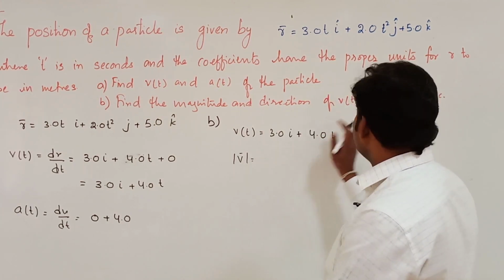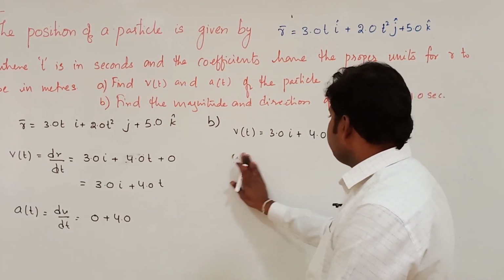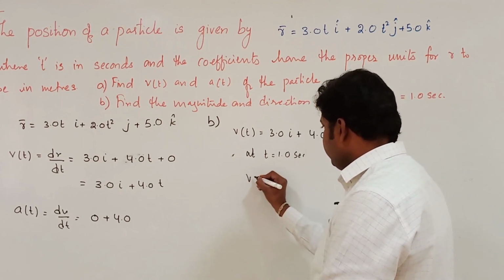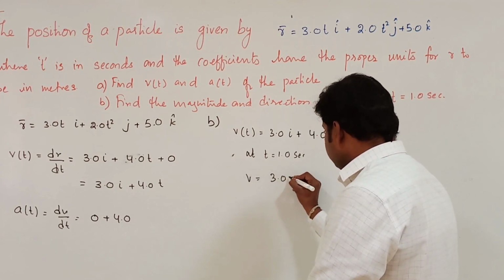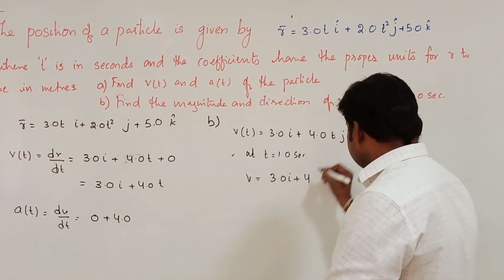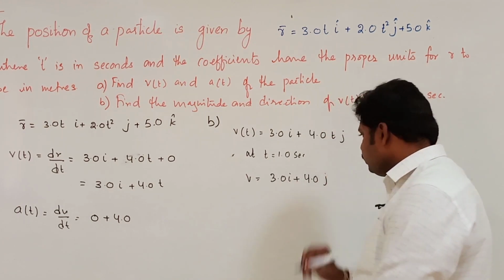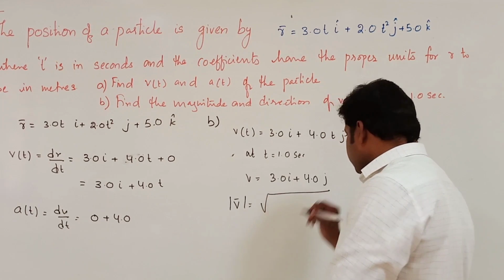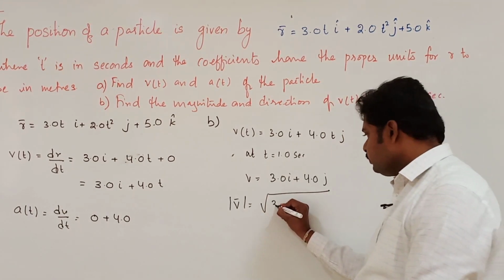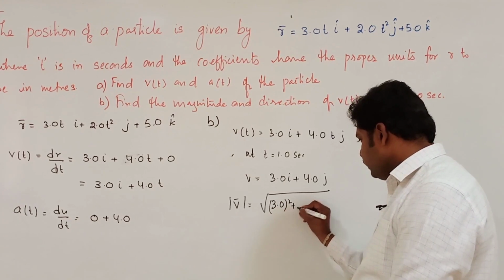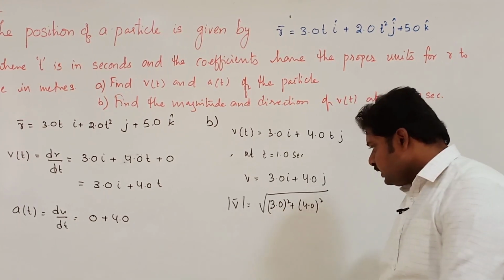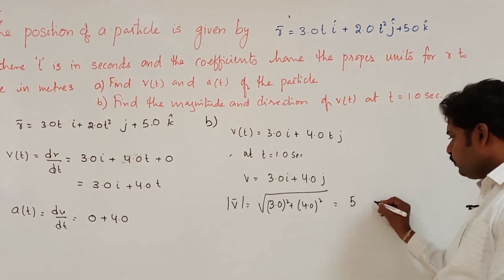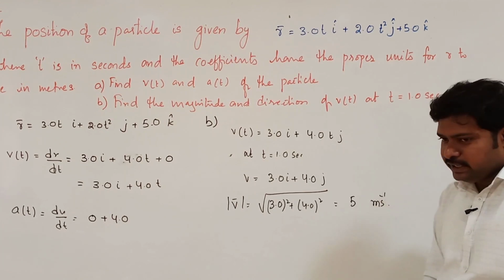First let us substitute t equal to 1.0 seconds. Now v is equal to 3.0 i + 4.0 j. The mod of v is the square root of vx squared plus vy squared. So you write 3.0 squared plus 4.0 squared, 9 plus 16, 25. The square root of 25 is 5 meters per second.